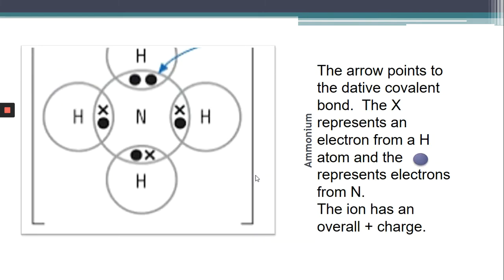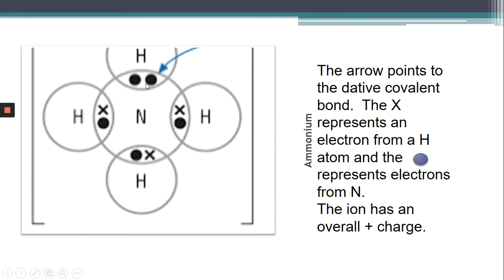If we look here, we've got an example of a dative covalent bond forming, just to remind us. We've got our ammonium ion. So if we had ammonia, we would have on it our hydrogen with 1 electron from the hydrogen and 1 from the nitrogen, another hydrogen, same, 1 electron from the hydrogen, 1 from the nitrogen, and the third one, 1 from hydrogen and 1 from nitrogen.